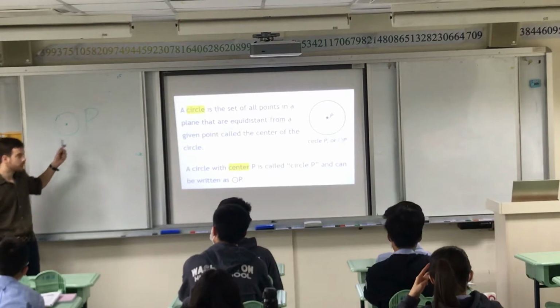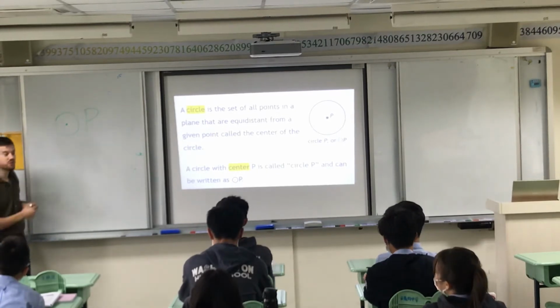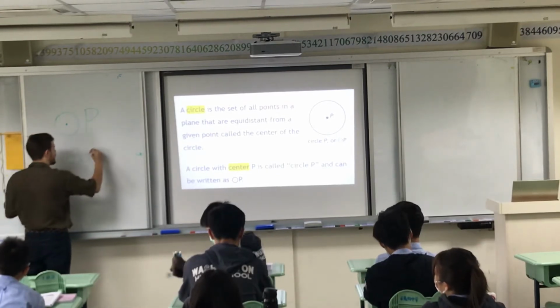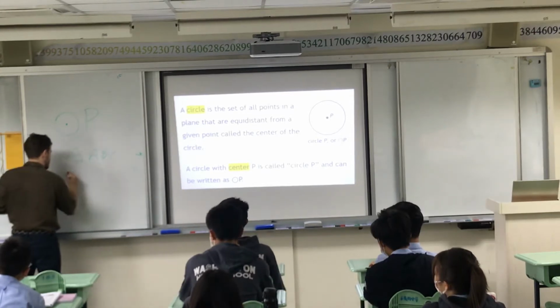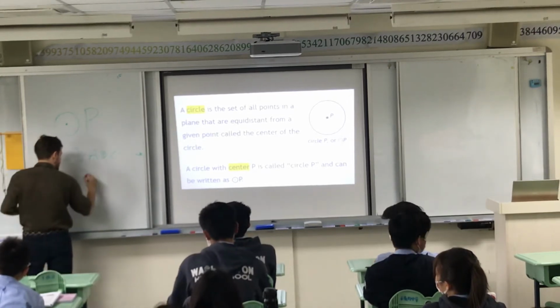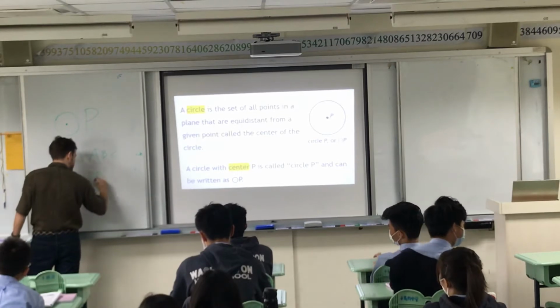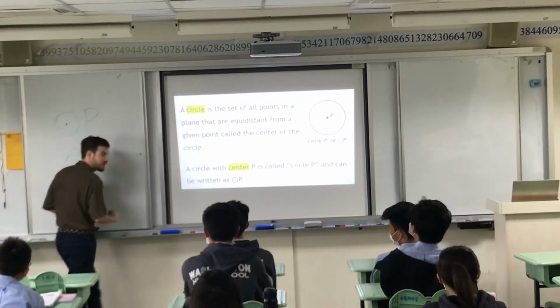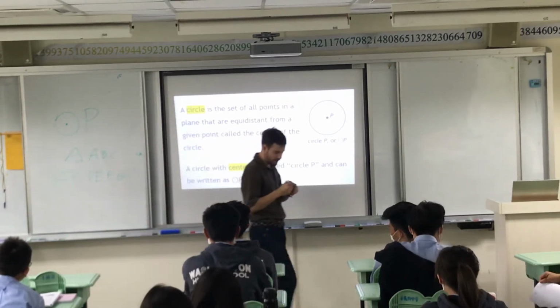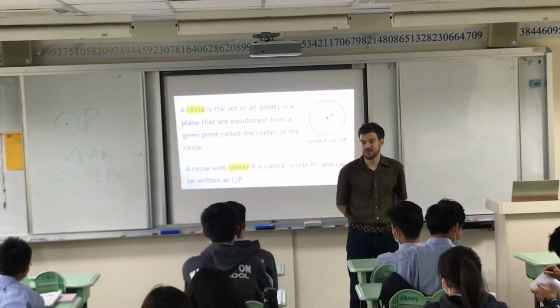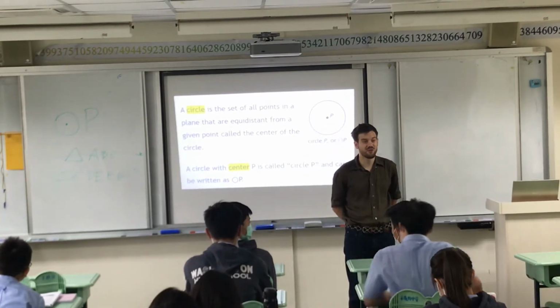Just like before we had triangle ABC and parallelogram DEFG, we also have circle P, or whatever the letter is, in the center. That's how we name our circles, based on their center.